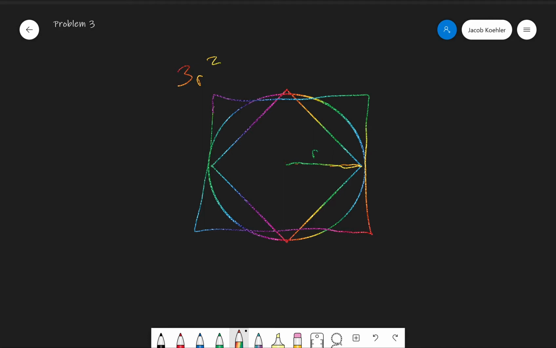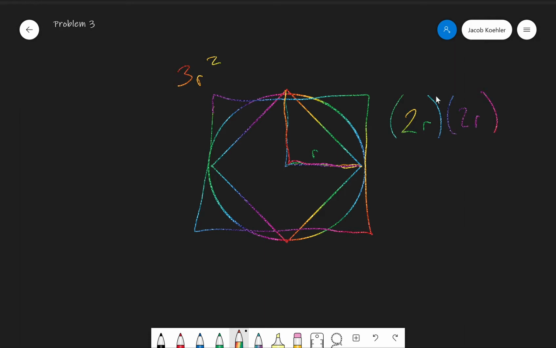Well, then what we can see is that if we look at this square, we can approximate the area for it based on that radius. And we know that the sides of the big square are 2r, so the area of the big square is 2r times 2r.